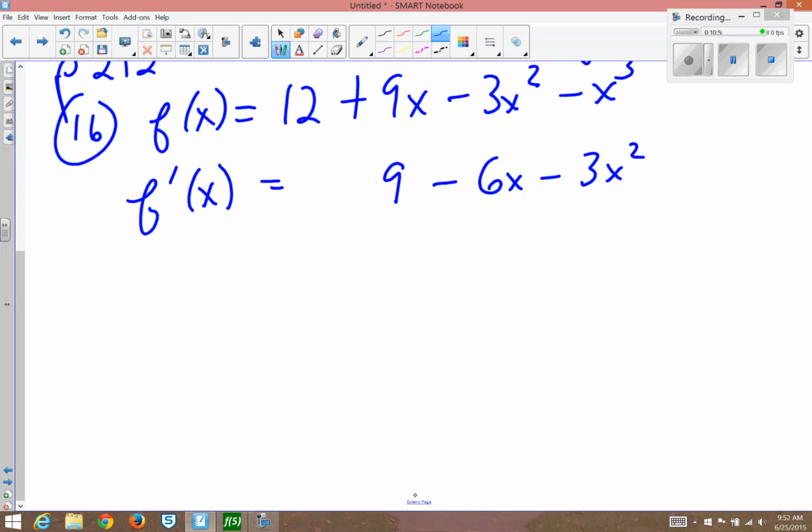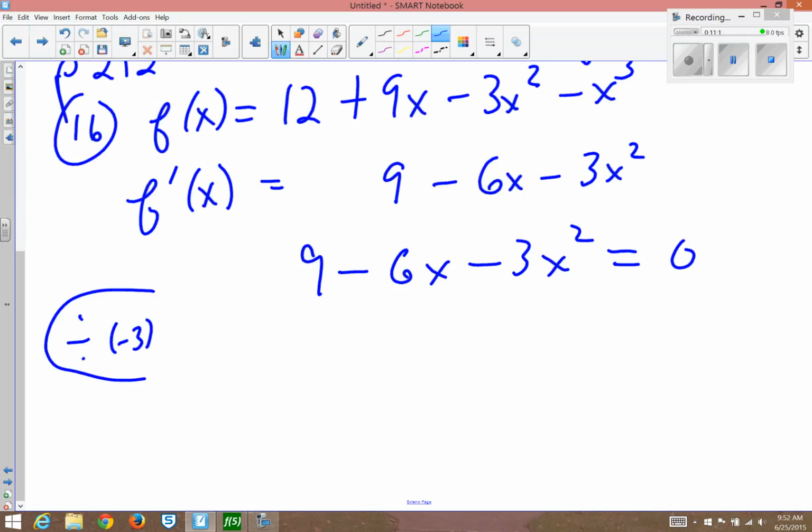We're going to find when the derivative is equal to 0. To solve this equation, I'm going to divide both sides by -3. This becomes a -3. This becomes a positive 2x. And this becomes a positive x squared. If we divide by -3, we have to divide the other side by -3.